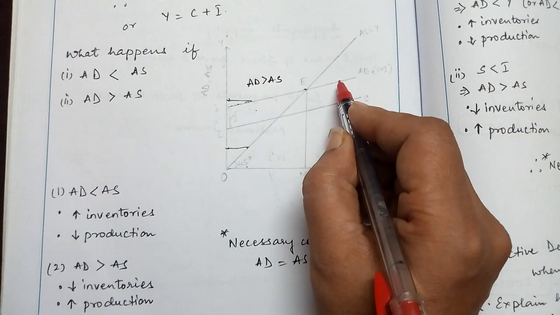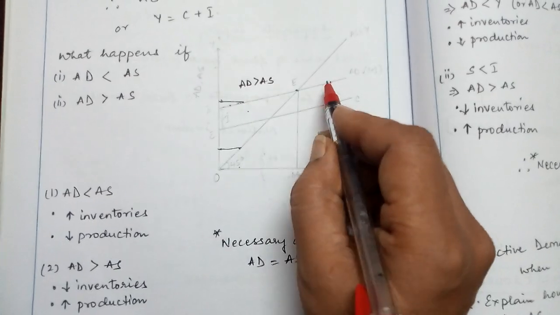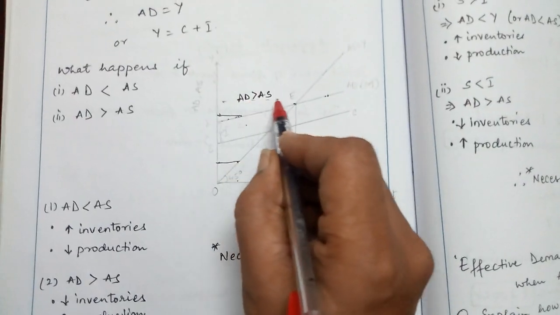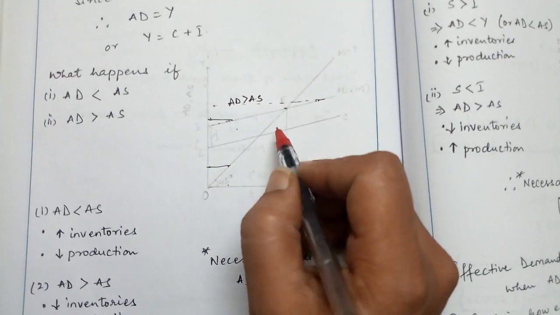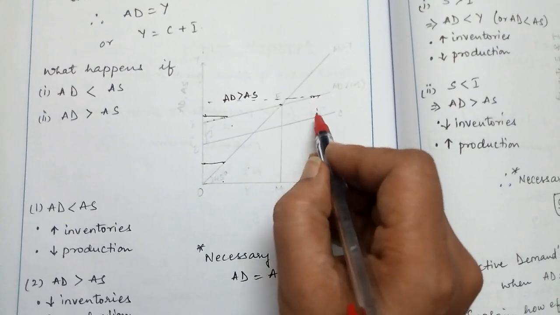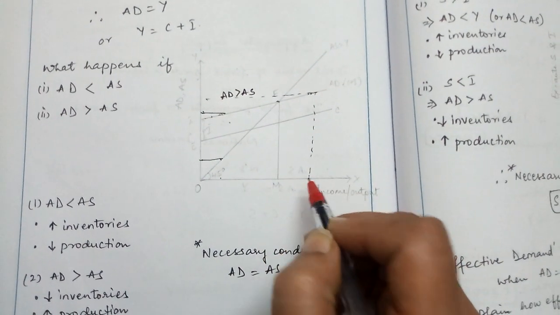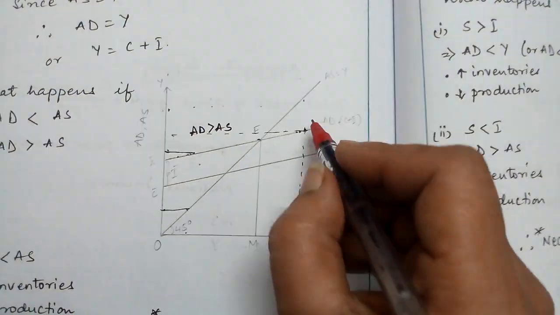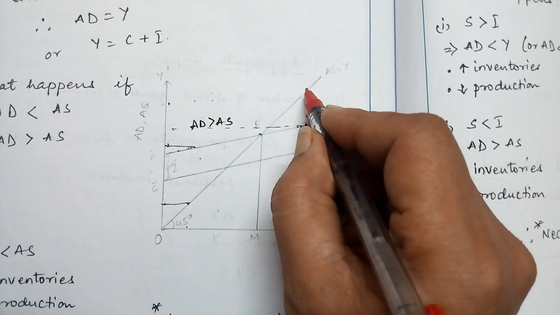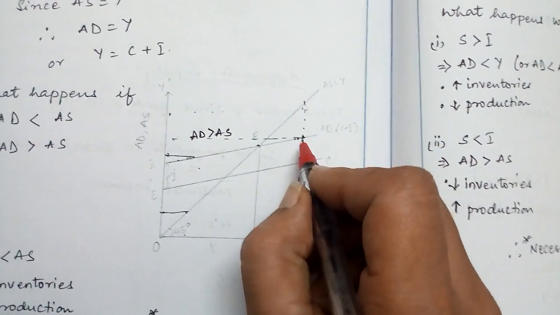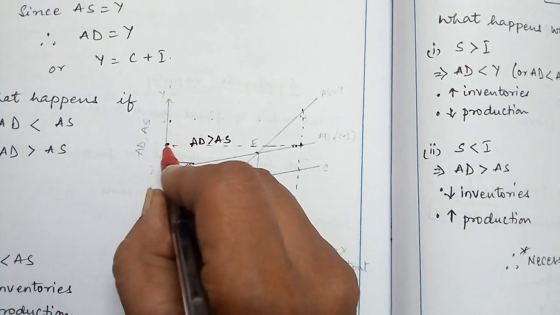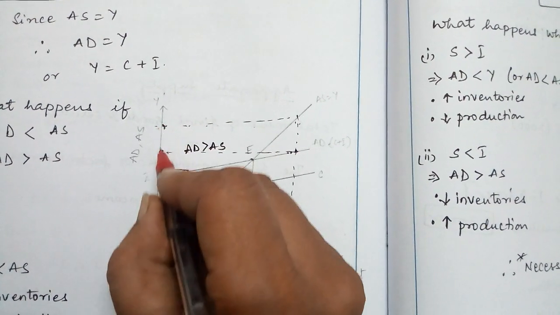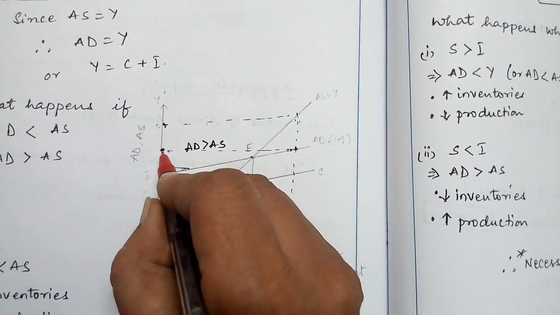Now consider a point on AD curve here. At this point, the AD is here and supply here. Now our demand is at this point and supply is at this point. So here supply is greater than demand.